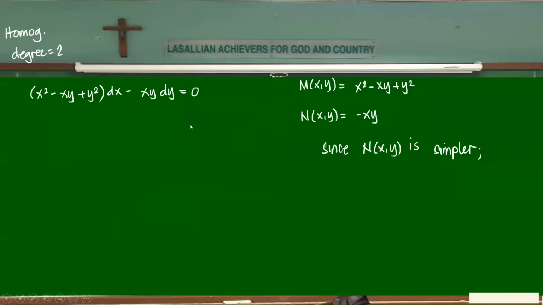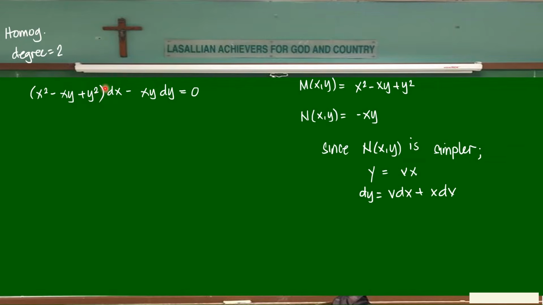But according to this one, which one is simpler, the M or the N? You already know that it's the N. And since the N is partnered with dy, the substitution should be y equals v times x. Take note, all three of them are variables. So dy is v dx plus x dv.